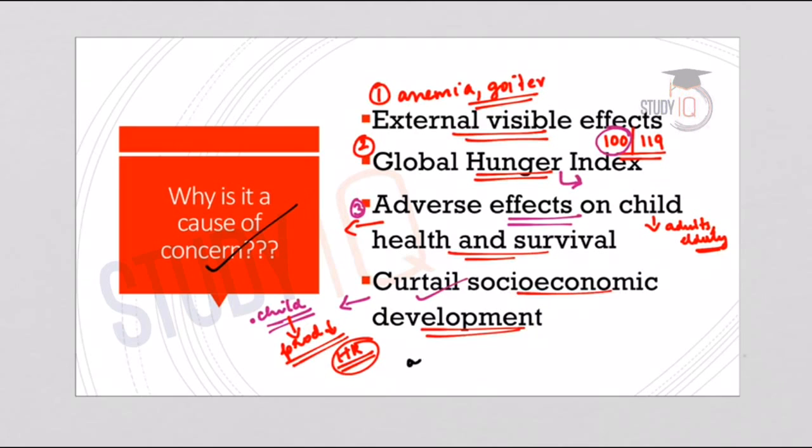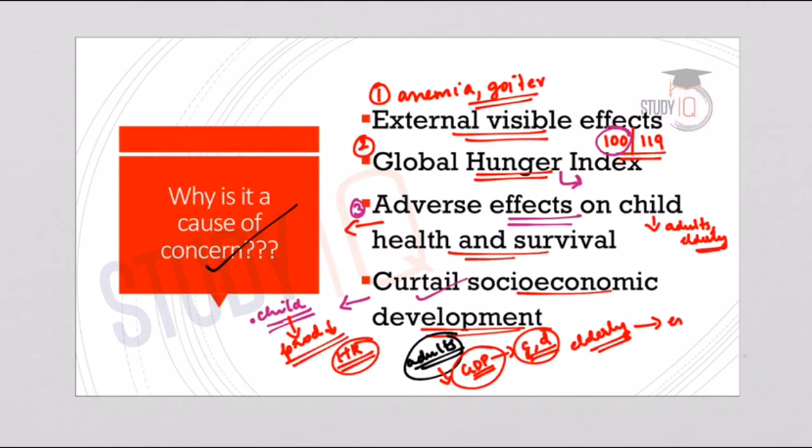And in case of adults or the working population, this will impact productivity. So, the entire productivity of the country comes down. GDP will come down, which will have an impact on economic growth and development. And for the elderly, this will impact the expected years of living, or life expectancy.